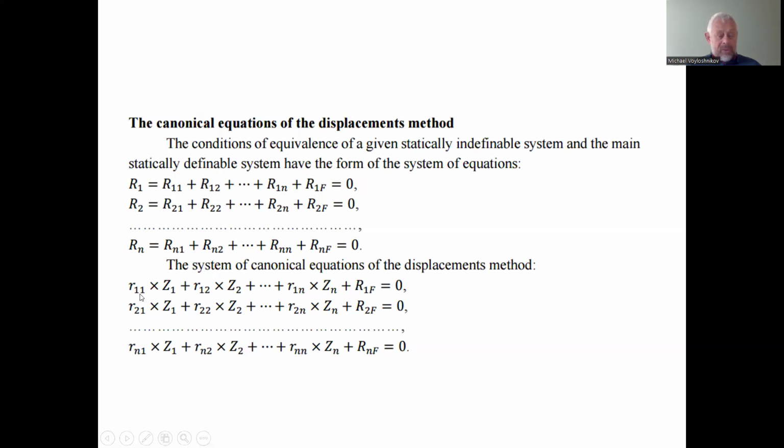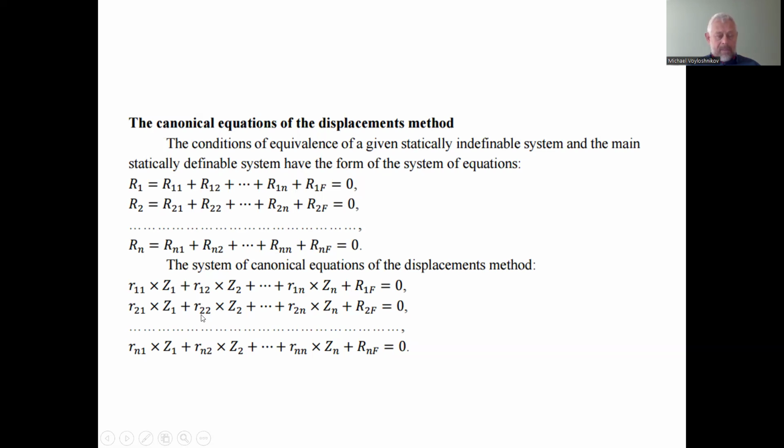The factor of proportionality is the displacement of this connection, in the direction in which the connection limits the displacement, under the action of unit displacement. This is theoretical. We have to understand that, and we keep talking about that.